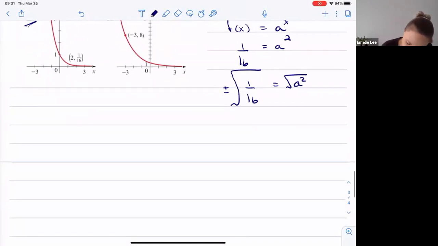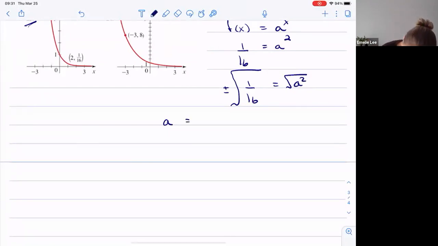So then here, what we found is that a, and I'm just swinging these around, remember, the equal sign is just a revolving door. When I take the square root of a squared, a is going to be the plus minus root of 1 over 16.